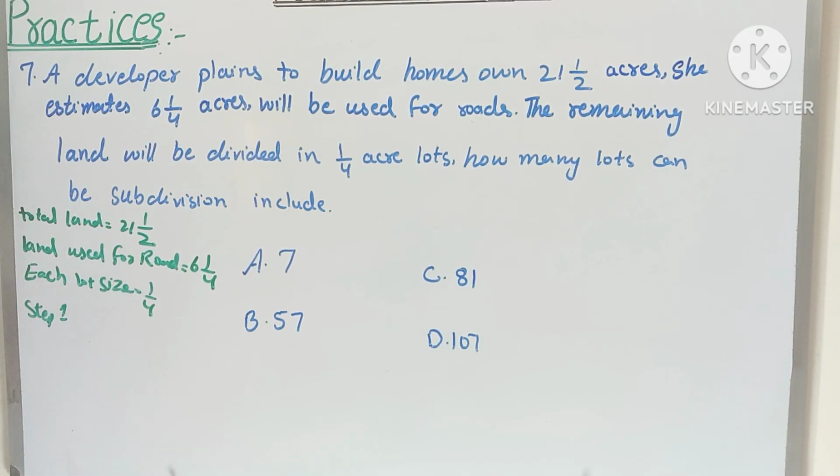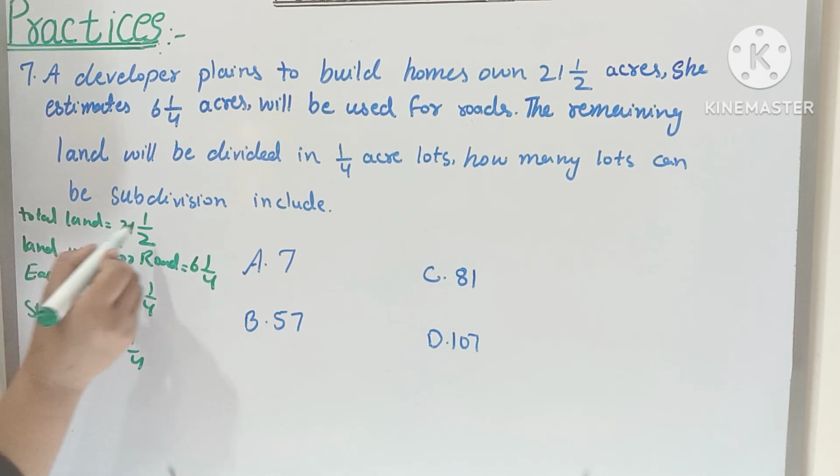Step 1. Subtract the land used for the roads. 21 1/2 minus 6 1/4.